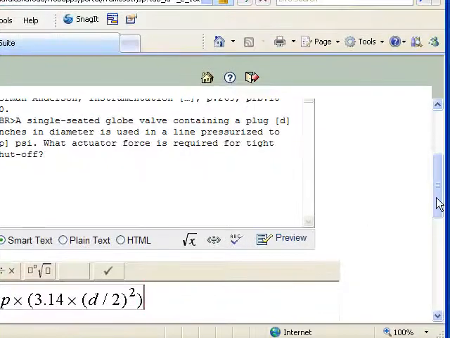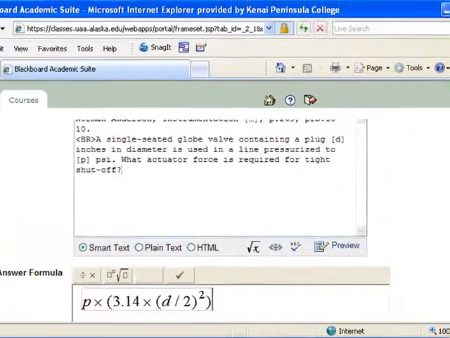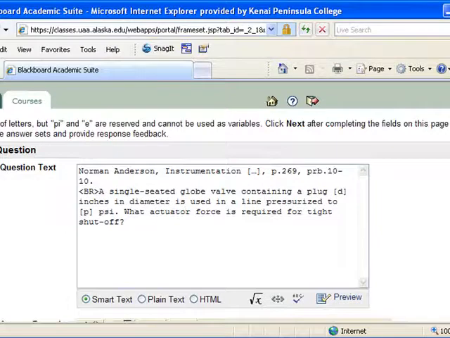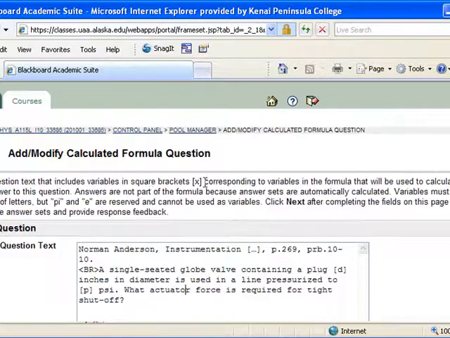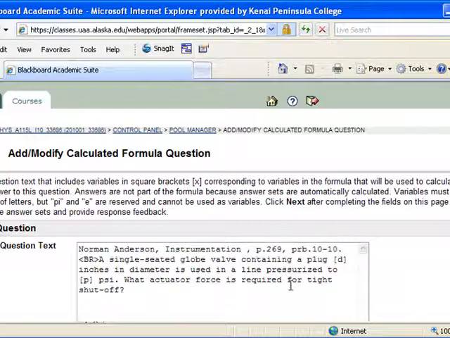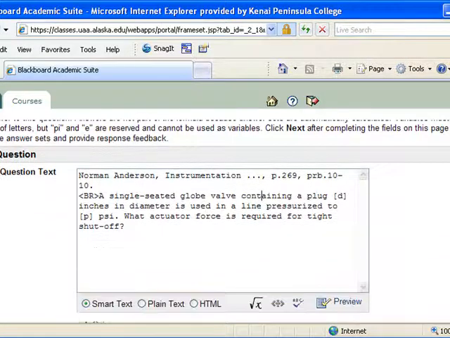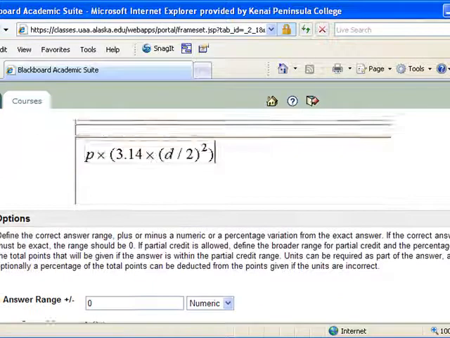Okay, at this point I would hit submit, but I just want to point out I already made an error right here. Notice that it says put stuff in square brackets corresponding to the variables, and notice what I did here. I abbreviated my title here, and I can't do that because those are square brackets, so I just call this here instrumentation da-da-da.